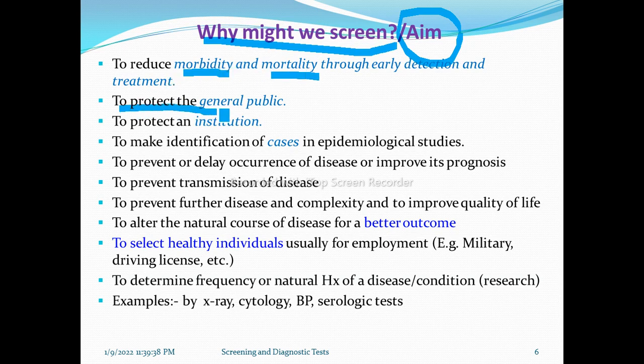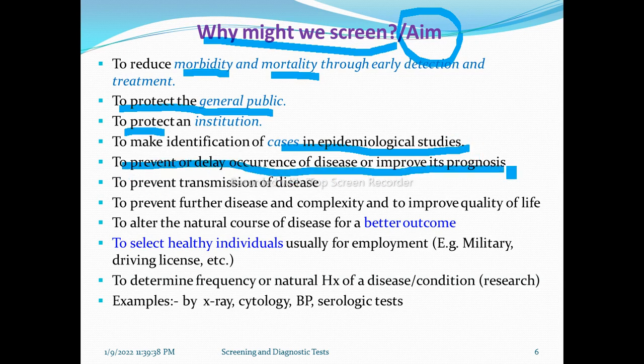Then, to protect the general public, if they are detected, the hidden transmission from these asymptomatic individuals will be minimized. Another aim is the identification of cases for epidemiological studies, for epidemiological research. Another is to prevent or delay the occurrence of disease or improve its prognosis.